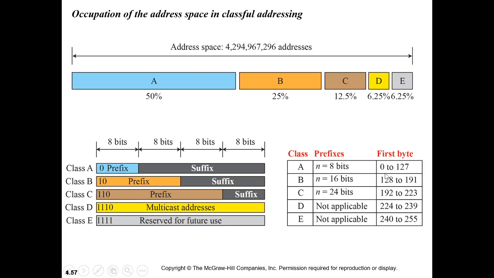So 0 to 127 represents class A. The first byte from 128 to 191 represents class B. For class C, the first byte starts from 192 to 223. For class D, prefix and suffix are not applicable, and the first byte is from 224 to 239, while class E is from 240 to 255. So using the first byte, you can identify which class the given address belongs to.